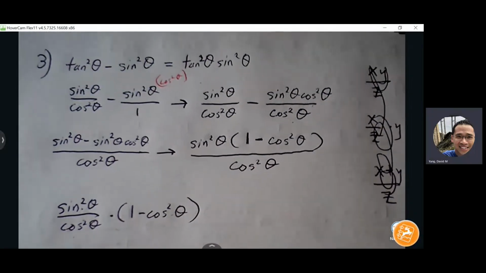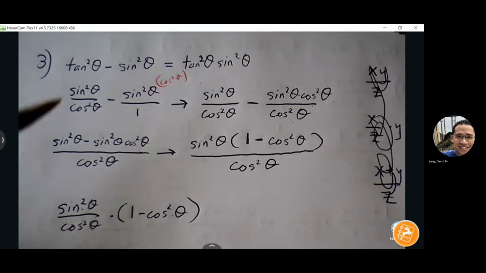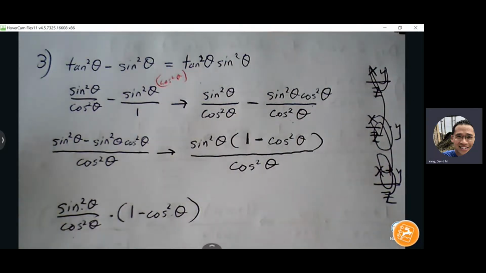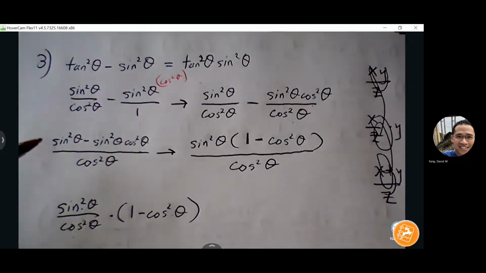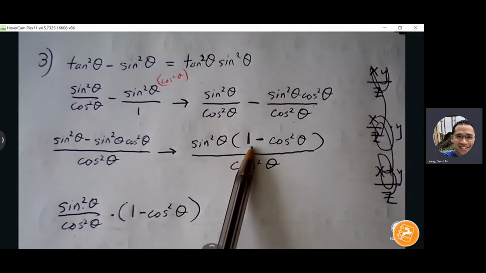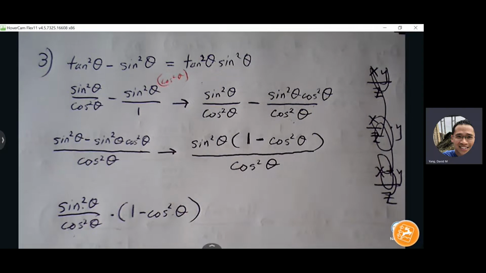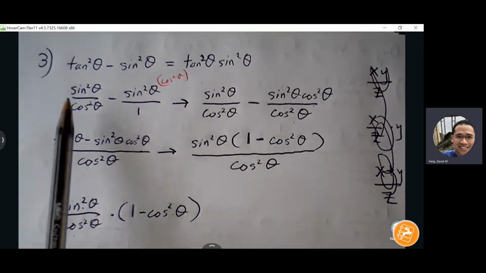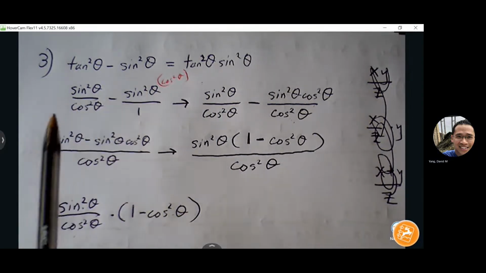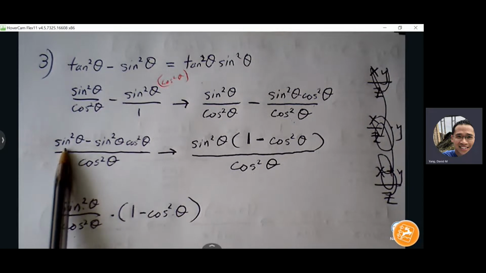Now, what's the advantage of this form here? What do you see, sine squared over cosine squared? Yes, question. What happened to the sine squared here, in the beginning? Oh, why did that go away?